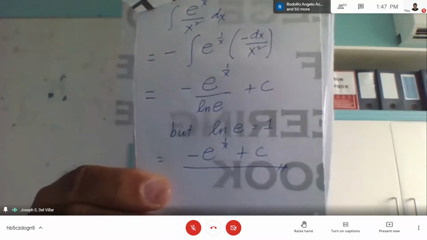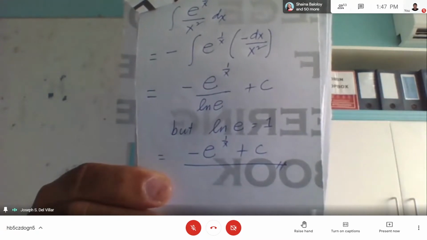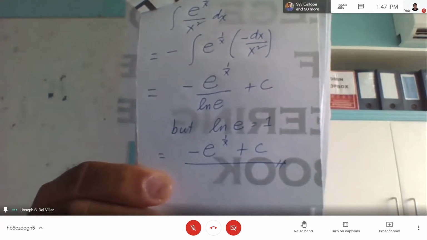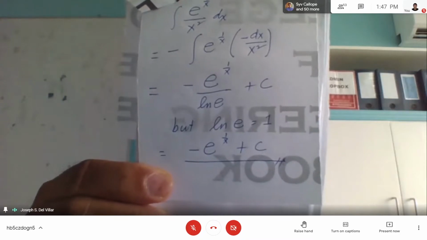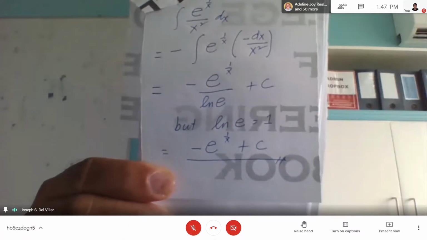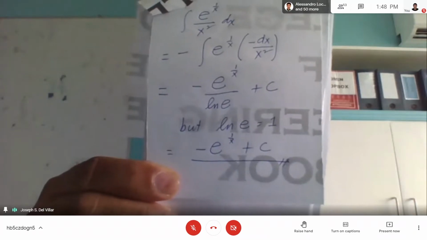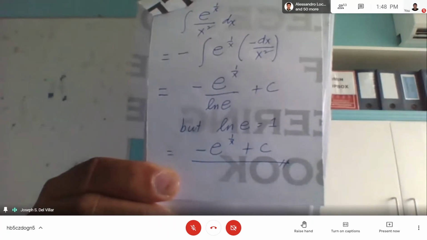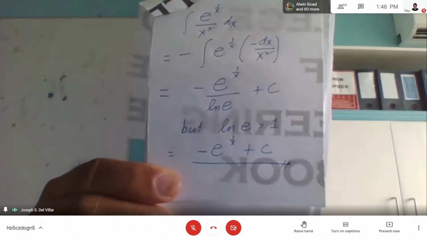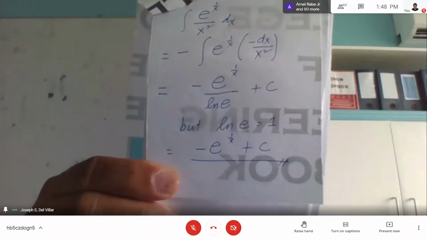So naglagay ako ng negative sa may dx, naglagay din ako ng negative behind the sign. Now, since it is already an exact differential, the negative dx over x squared is an exact differential of 1 over x.